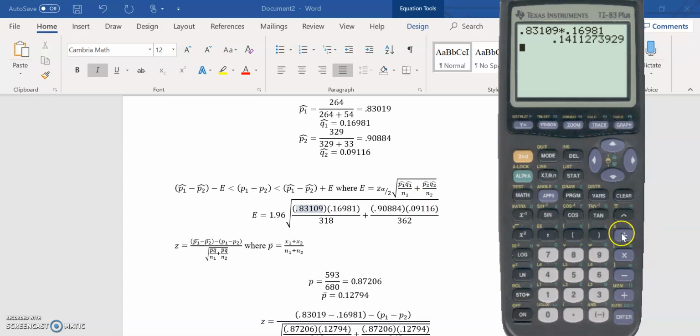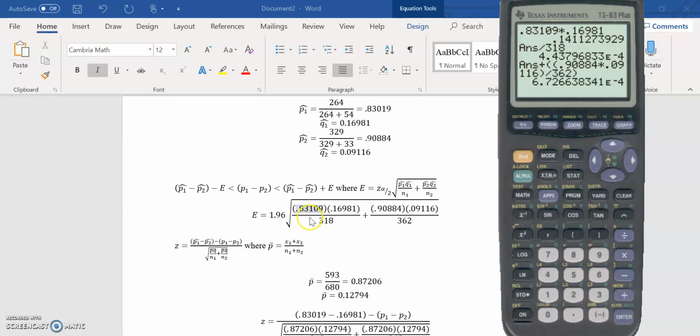Then I'm going to divide this by the 318. Now I'm going to do answer plus. If I just hit the plus, the answer comes up. Parentheses again, and then 0.90884 times 0.09116, end parentheses, divided by my 362, end parenthesis again.